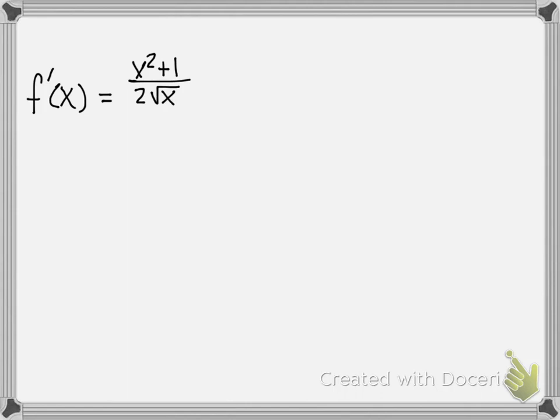And then that's going to be minus our 2x times the square root of x. Basically that's going to be all over 1, and I'm just writing it like this so that we can see it as a fraction. Alright, so we will have that over our x squared plus 1, squared.